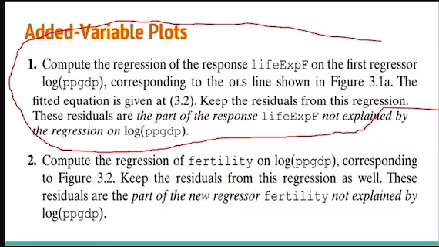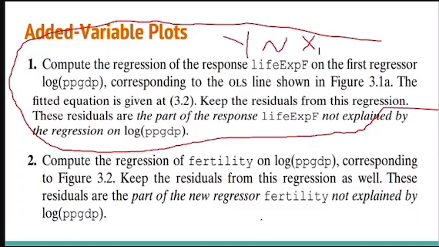Let's calculate the residual, which means I'm first looking at the relationship between Y and X1, and then I get a residual. I know a residual will exist because I do not expect X1 to explain all the variation in Y. I'm going to keep that residual that I compute from that scenario.